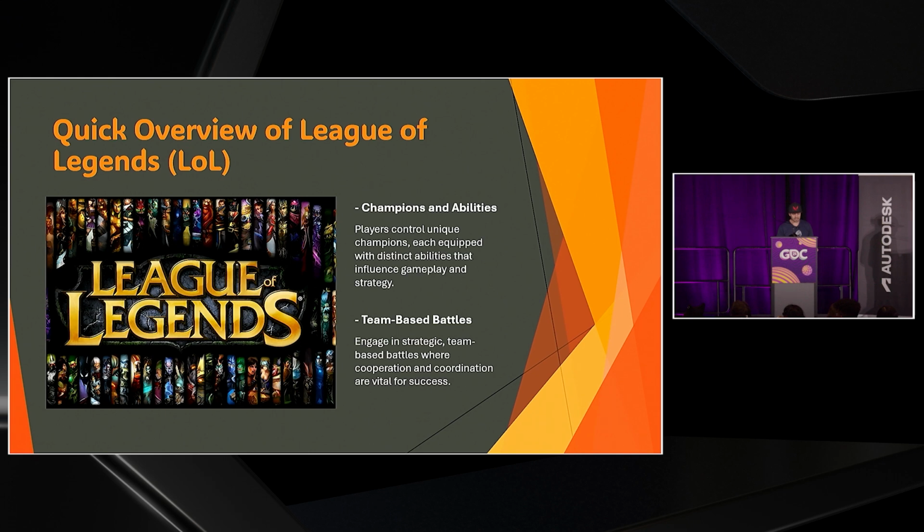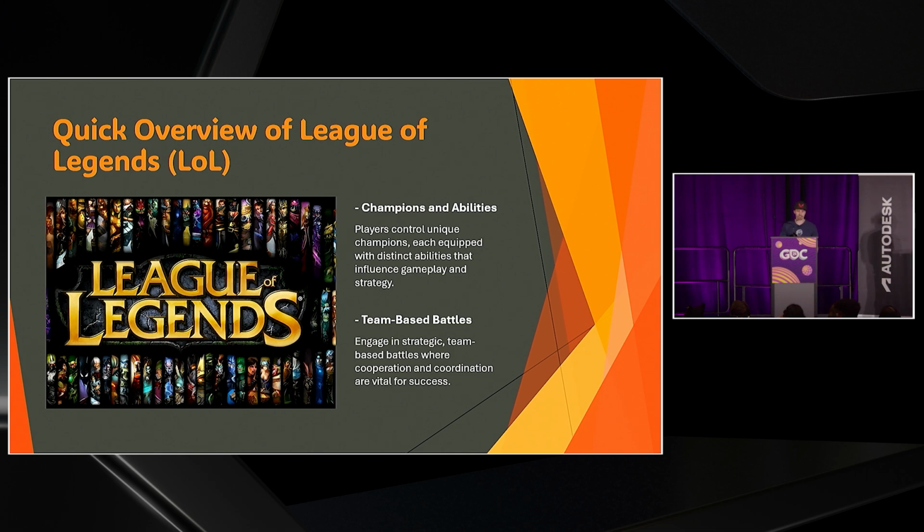So, League of Legends. For those who don't know the game, the players control unique champions. We focus a lot on the champion's personality. Every champ has to be very unique on League of Legends. That's our main challenge: how to create a unique character that is going to resonate for 10, 15 years. League of Legends is 15 years old, and the characters are still very unique and specific.